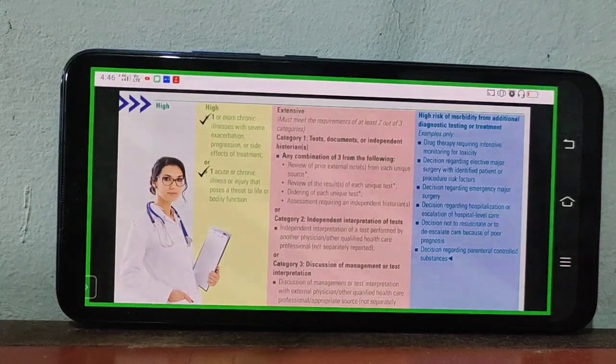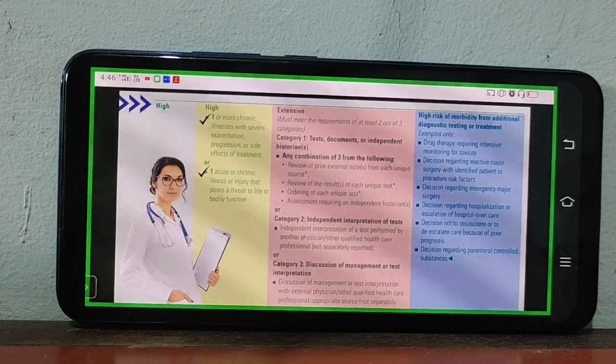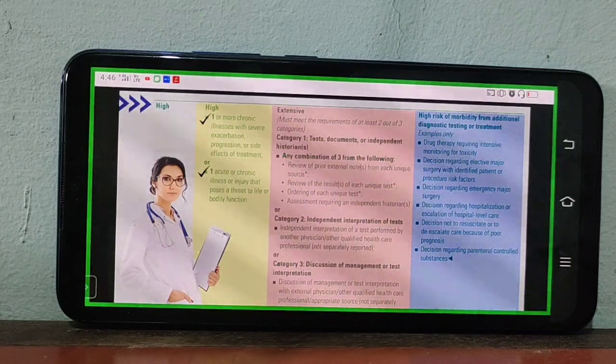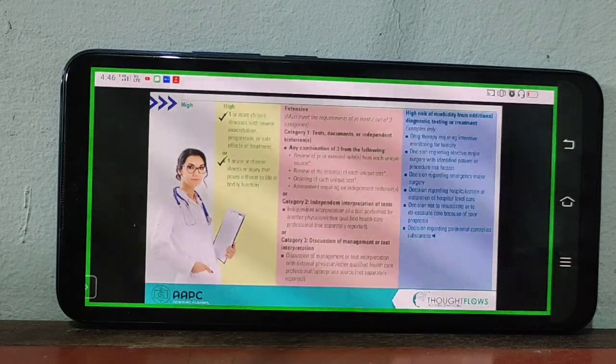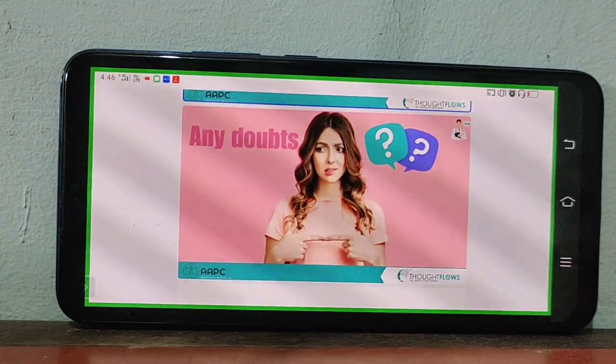So these are the levels of MDM. If you have clear knowledge of this table, you can easily get the 6 marks from evaluation and management. In your exam, they do not ask questions based on the type. They purely ask questions based on the table, based on the MDM only.